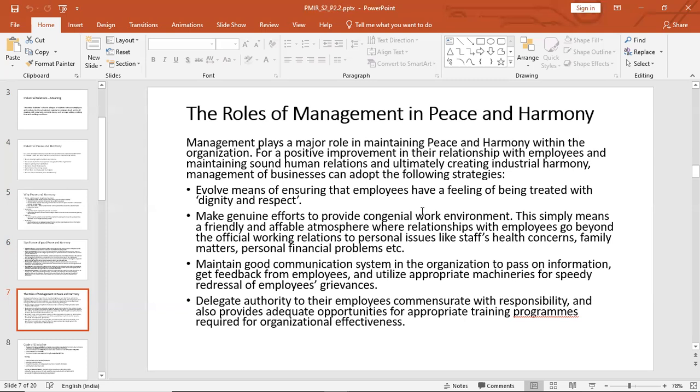And training, communication, delegation, all these things we studied. If you have a proper delegation mechanism in your industry and good training, suppose you want to grow yourself, you want to learn a new technology, your management provides that facility to you. Management has a big role in that. This is one role of management.